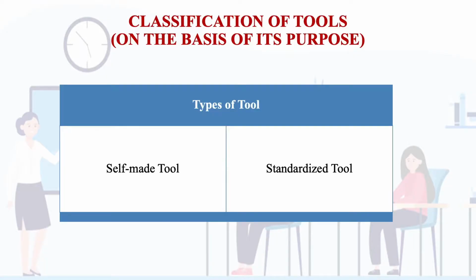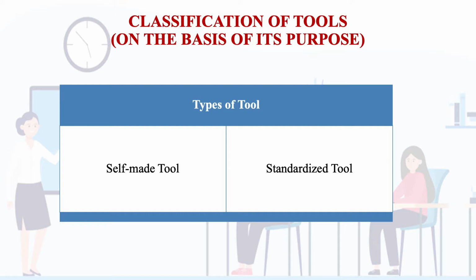You see, so far as classification of tools is concerned, earlier we have discussed classification on the basis of norm of reference. It is of 2 types, that is norm reference evaluation and criterion reference evaluation.